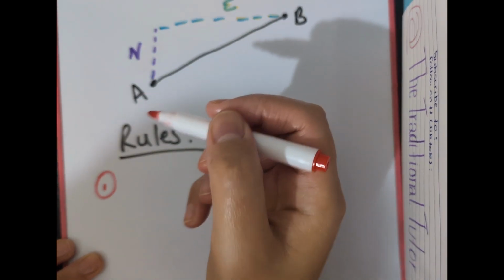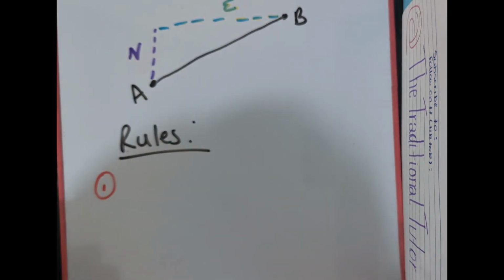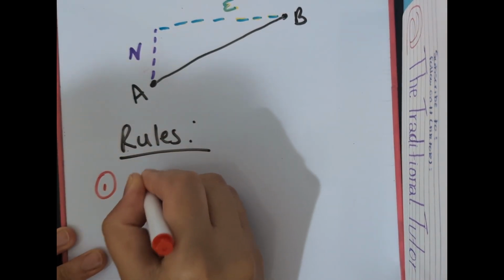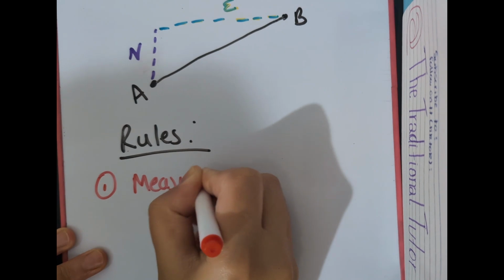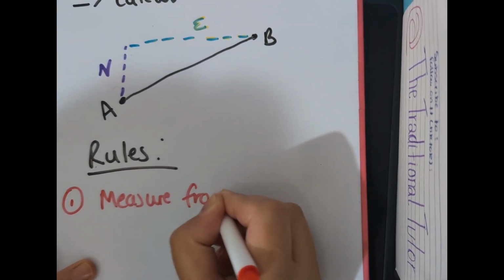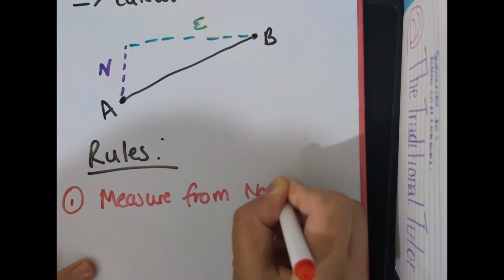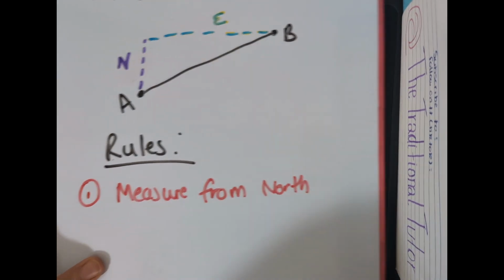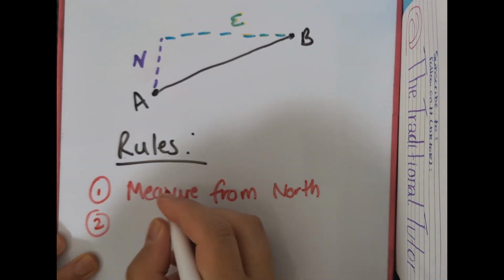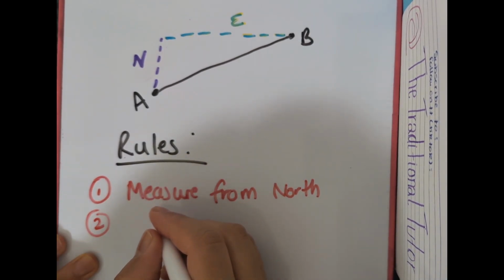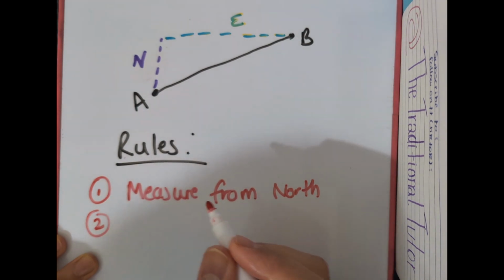Because it's direction, it means that we're working with angles, and you always got to measure from north. And then the second rule is that it's always going to be measuring the angle clockwise from north.